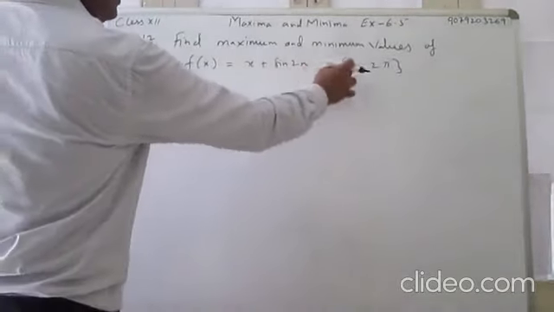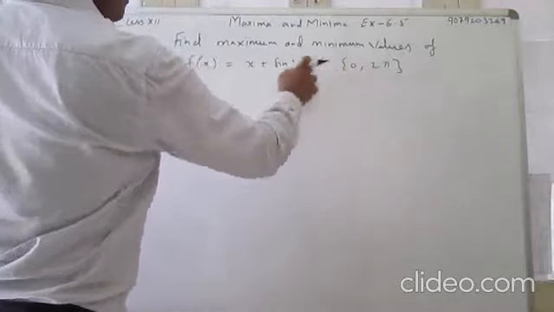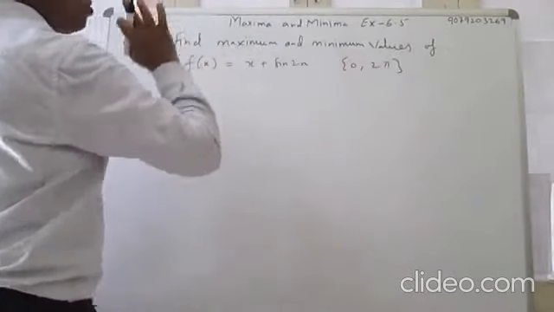Same as question 8. In [0, 2π], we have to find both the maximum and minimum values.